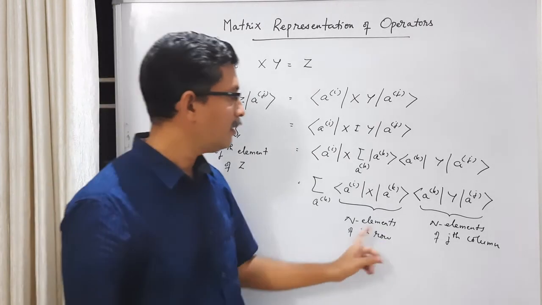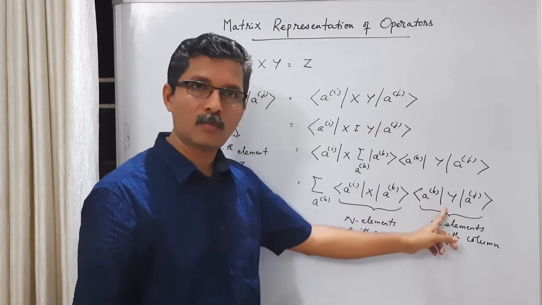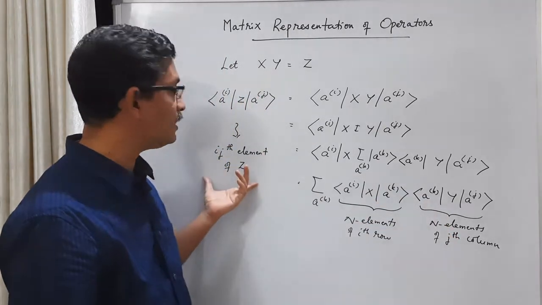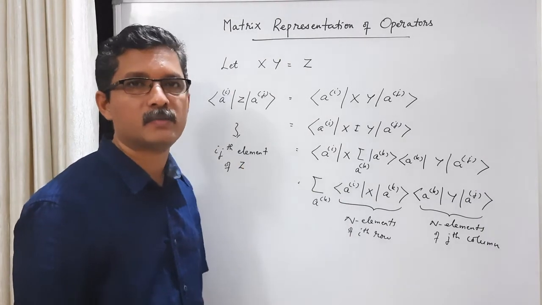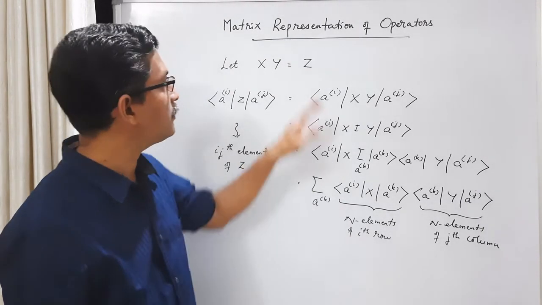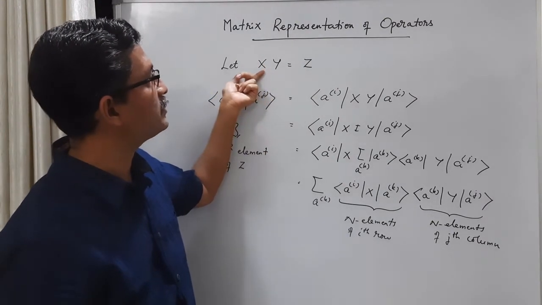This particular rule, multiplying the ith row of X with the jth column of Y to get the ijth element of XY, is the same as the matrix multiplication rule. So the matrix representation of Z is obtained by taking the product of the matrix representation of X with the matrix representation of Y.